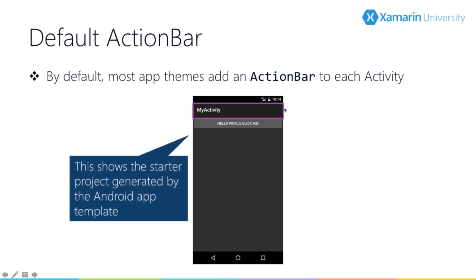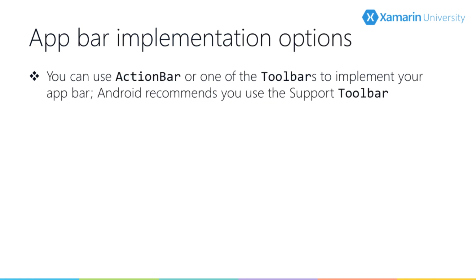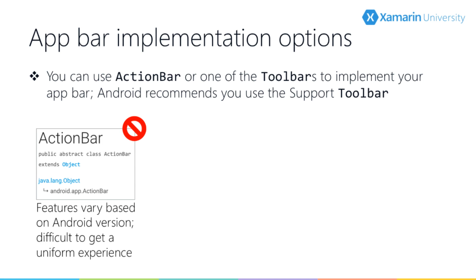So here's the starter project from Xamarin Android at the moment. It adds an app bar here implemented as an action bar and automatically uses the activity label there as the title. These days though, it's not very common to use action bar anymore. The capabilities of the action bar class change over time, which means that the version that you use may have different features, so it's hard to get a uniform experience.